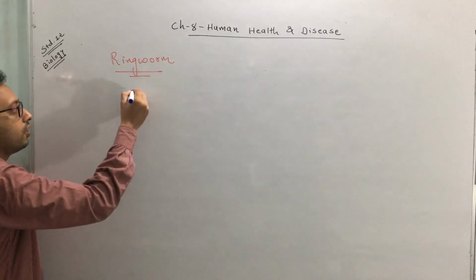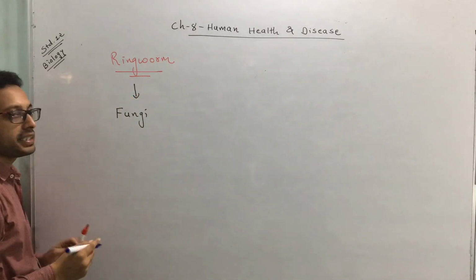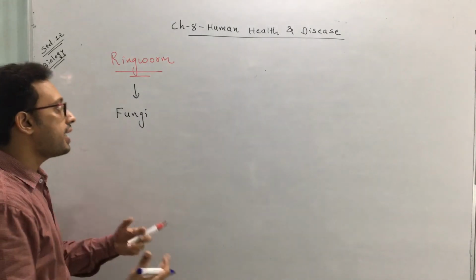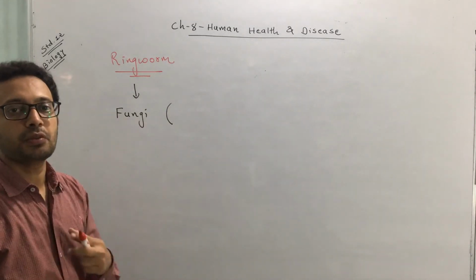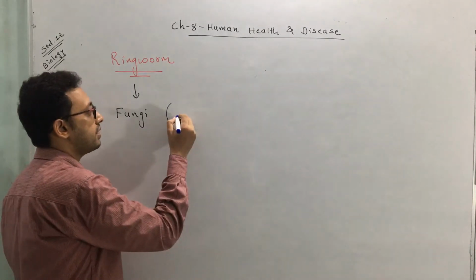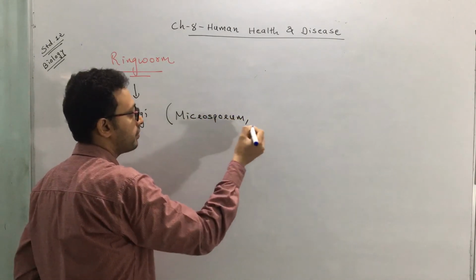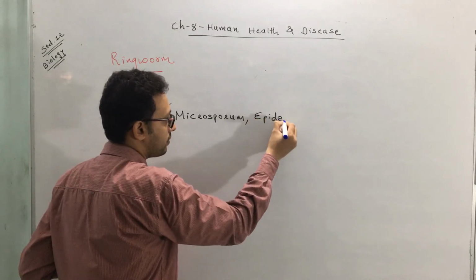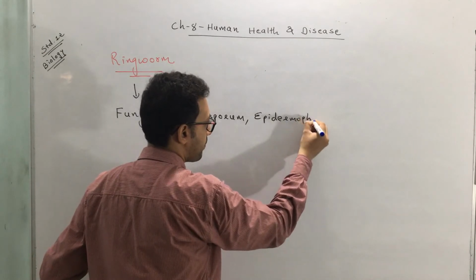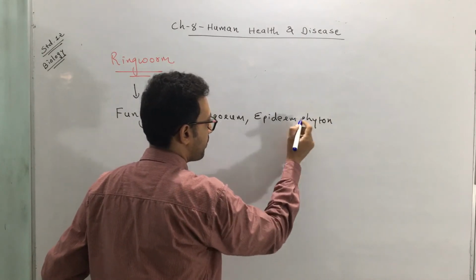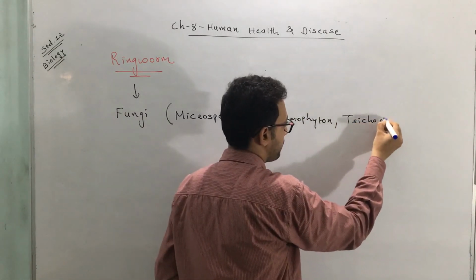Okay, it is ringworm, and it is caused by fungi. Which fungi are responsible for causing this ringworm? Usually, the fungi of this group are responsible for causing ringworm. Which are they? Microsporum, epidermophyton, and trichophyton.